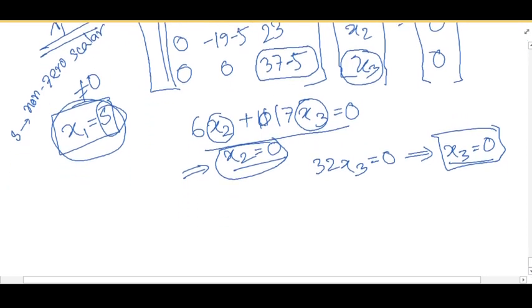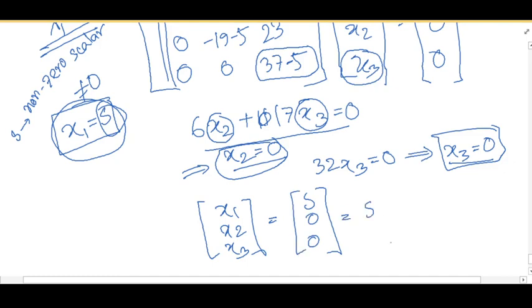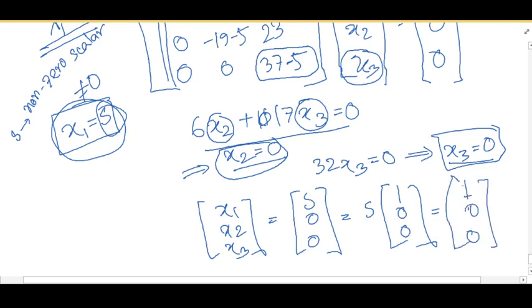The corresponding eigenvector x1, x2, x3 can be written as s, 0, 0. Taking s common, it is 1, 0, 0.